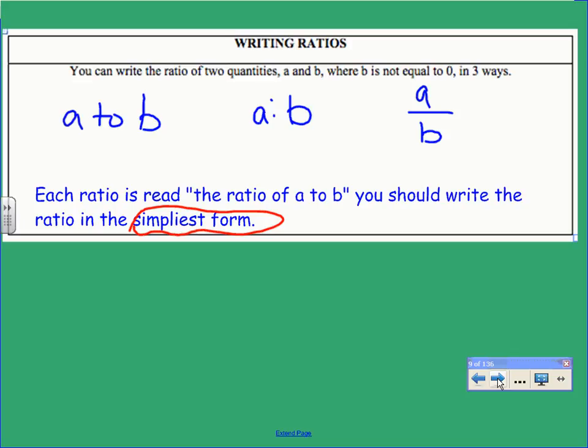Neil? Okay, I'll come back to them in a little bit. Let everyone finish this first. Did you not start when we started? Okay, so you want to make sure that each ratio is written in simplest form. After you write that, I would circle simplest form. That way you have that. And then each ratio is read A to B. 1 to 2. 1 to 4. What'd you say, Nathan?